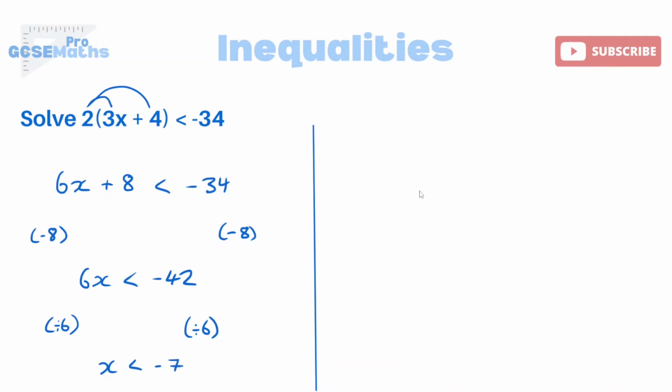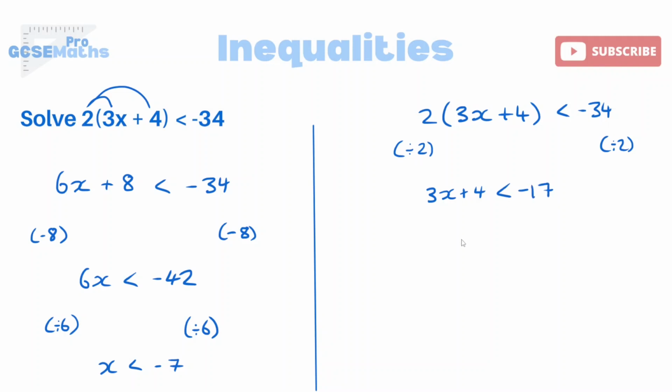Okay, that's fine. Let's say though, if I were to not expand the brackets and just divide across by 2 in the first place, I'm going to copy out the question so you can see it here as well. The reason why we divide by 2 is because it's 2 times the brackets, isn't it? 2 multiplied by 3x plus 4. So what I can do is the opposite of that. I can divide by 2 on both sides, which gives me just 3x plus 4, which is less than minus 34 divided by 2, which is minus 17.